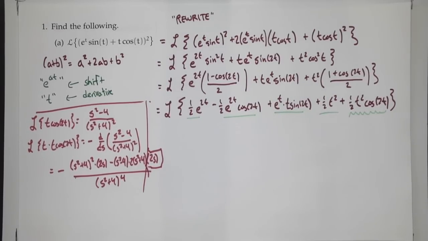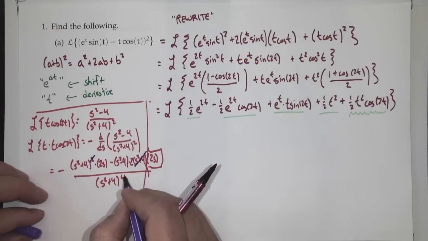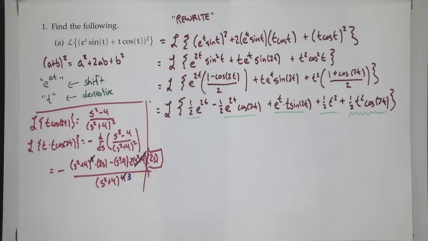So s squared plus 4 squared squared makes s squared plus 4 to the 4th. You can simplify a little bit, but we're not going to, the goal here isn't for you to simplify all the way. If we don't tell you to simplify, don't panic about simplifying. If we do tell you to simplify, something amazing must happen. All right, now we're ready to write our answer. So we're going to go through and write our answer.